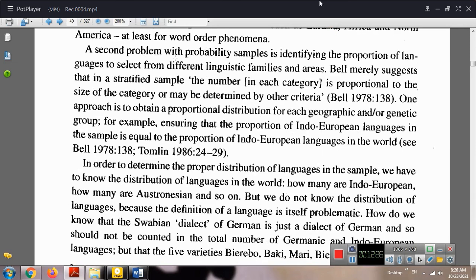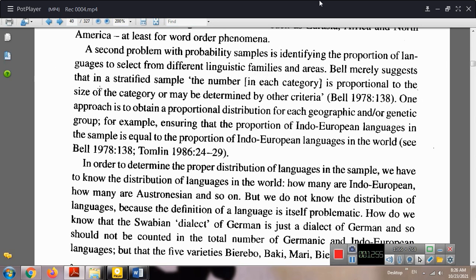A second problem with probability samples is identifying the proportion of languages to select from different linguistic families and areas.